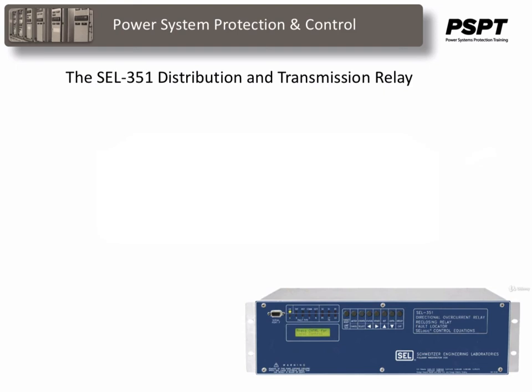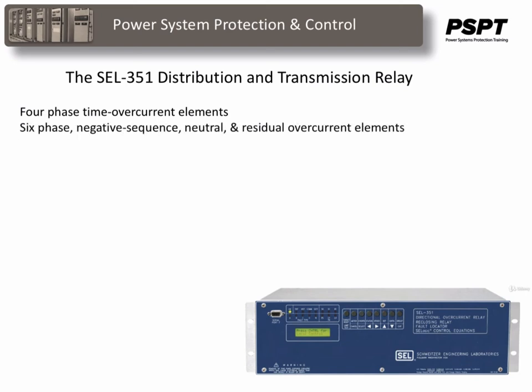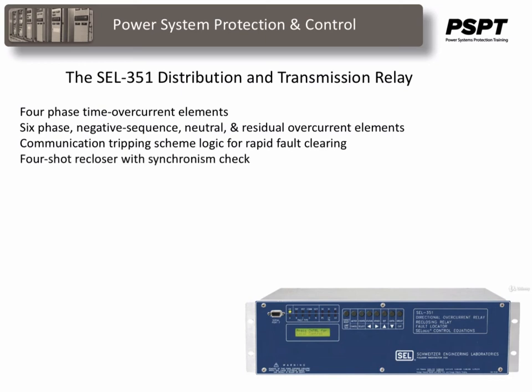This particular relay has voltage and load encroachment control for 4-phase time overcurrent elements for load security. It has 6 levels of phase, negative sequence, neutral, and residual overcurrent elements. It has communication tripping scheme logic for rapid clearing of faults.